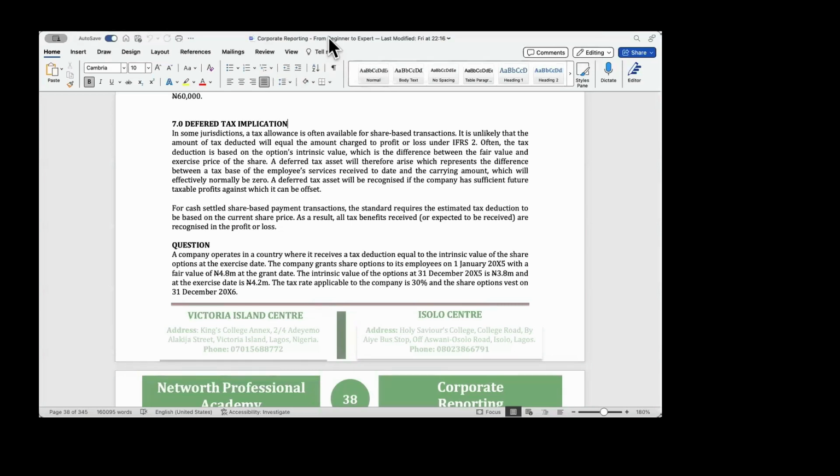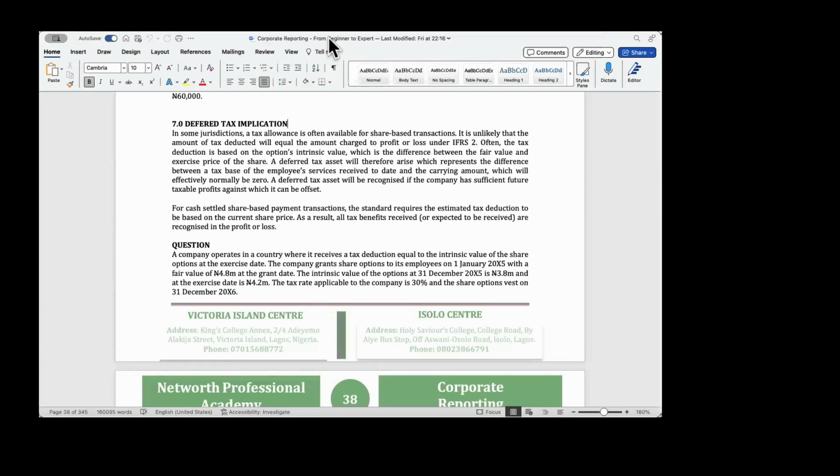Now, you will find that the examiner in your exam will always tell you what the tax base will be. The examiner will tell you that in this country, in their tax jurisdiction, the taxman only allows intrinsic value, or they tell you that the taxman only allows exercise price. That means that's your tax base.